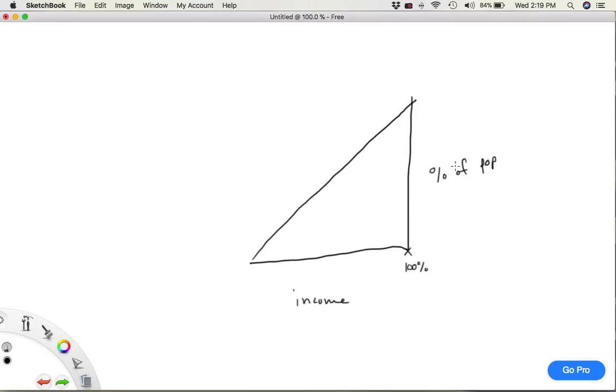So we're basically talking about a triangle with an area. This side is equal to 1, because 100%, and this side is also equal to 1. So the total area of this triangle should be 1/2, right, base times height divided by 2. So the area of this triangle is 1/2.